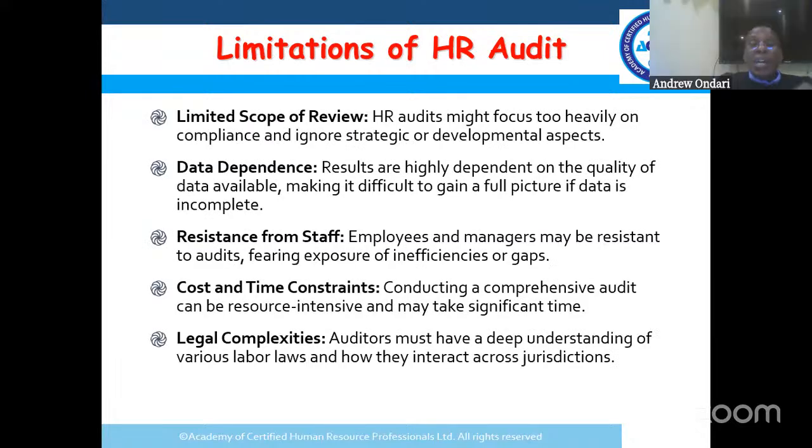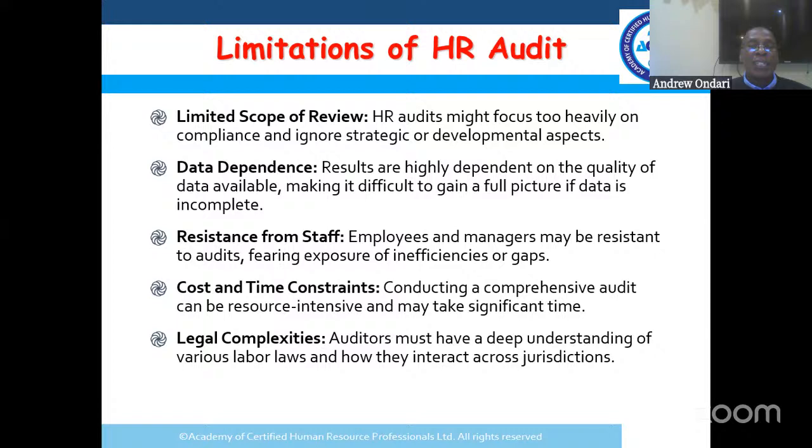Okay, now we move to limitations of HR audit. Looking at our program, it's almost the last one. So the limitations of HR audit are the challenges that HR managers are likely to face when they are conducting audits.